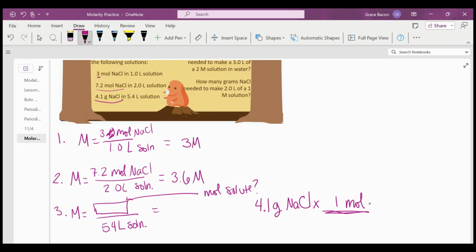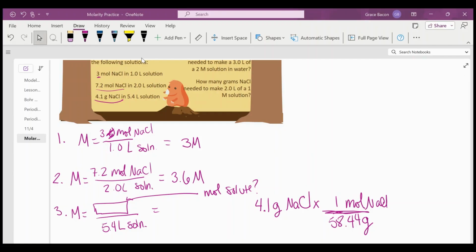So I know my molar mass is 1 mole NaCl equals, then I'm going to go to my periodic table. I'm going to add 22.99, the mass of sodium, plus 35.45, the mass of chlorine, and I add those together to get 58.44 grams per mole, the molar mass of NaCl. 58.44 grams per 1 mole.